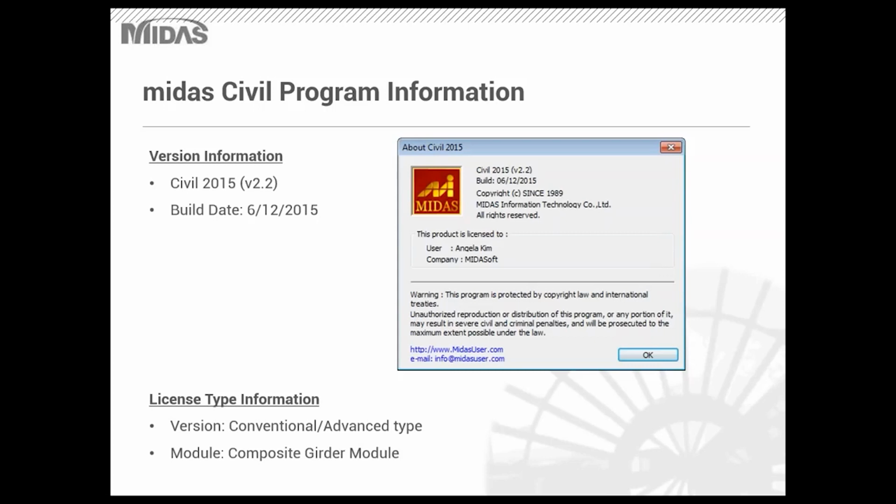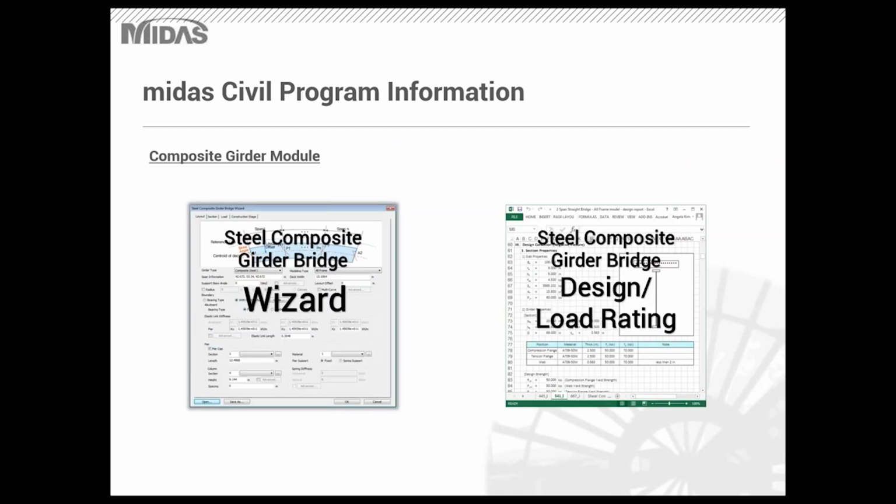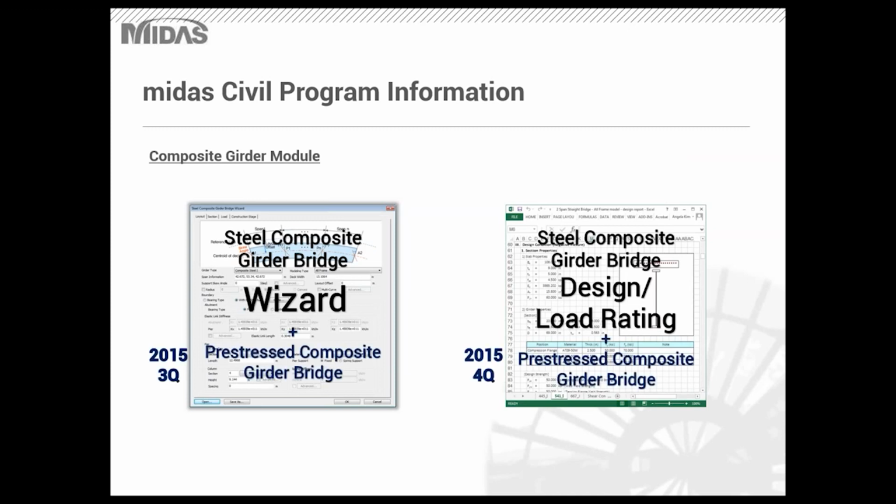I will be actively using the composite girder module today. The composite girder module is composed of two parts, modeling wizard and design and load rating check. Currently, we have it for the steel composite girder bridges, but in the third quarter and the fourth quarter, we'll be implementing the same modeling wizard and design and load rating checks for the pre-stressed composite girder bridges too.